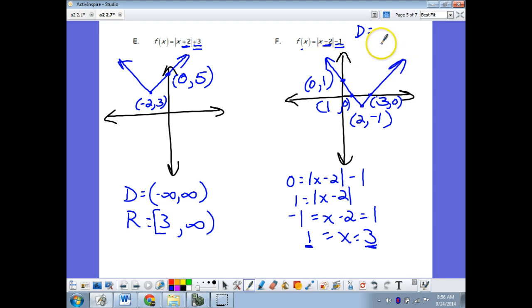Domain, left edge to right edge, -infinity to infinity. And then the range, bottom, which is at -1, and it includes -1, to the top, which is infinity.